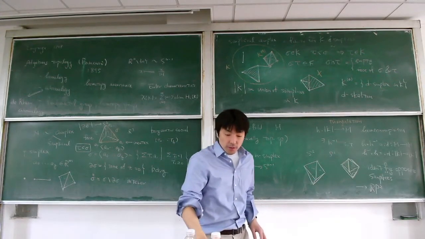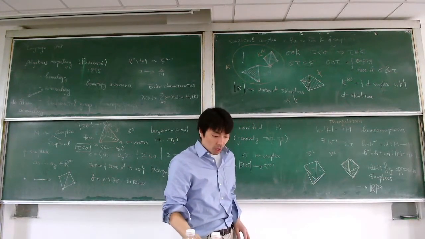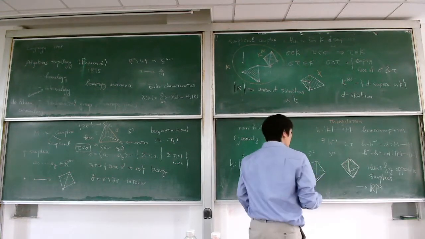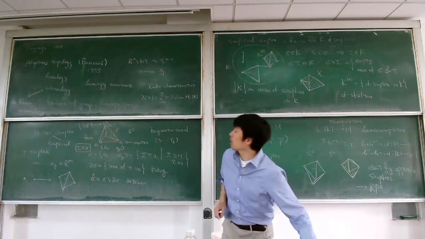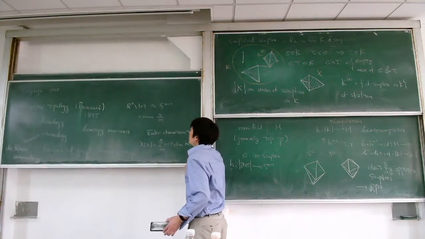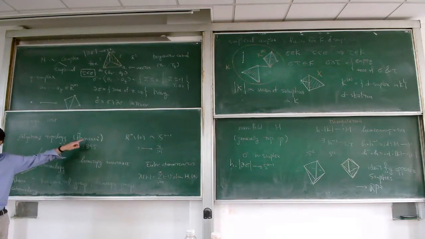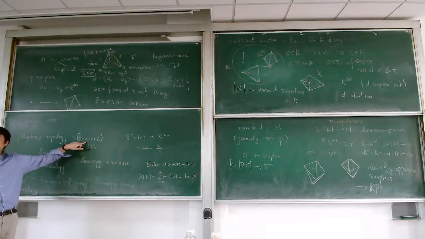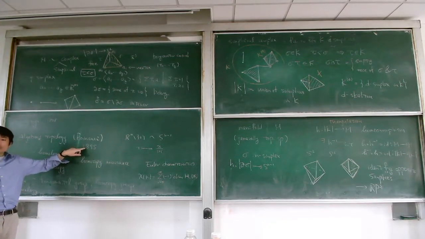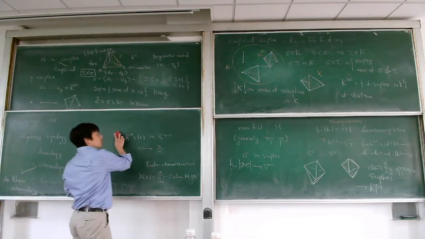I'll just give you a bit of intuition on RP2. I think it's called Analysis Situs, the Poincaré paper. It's a very famous paper.